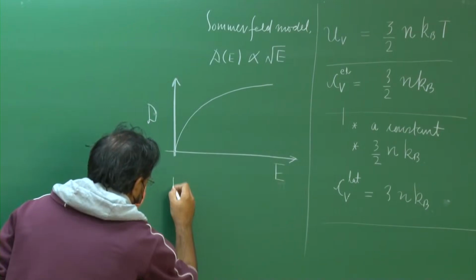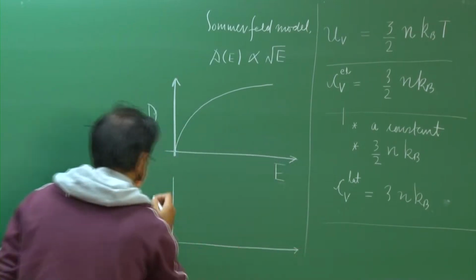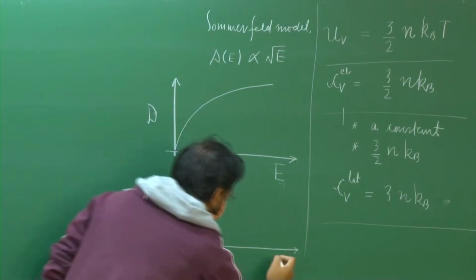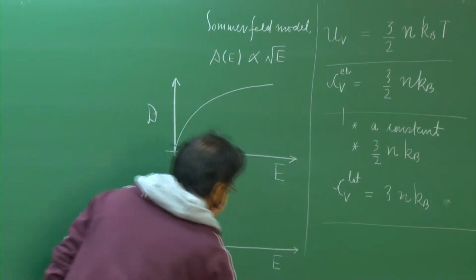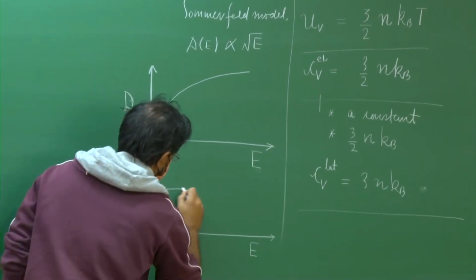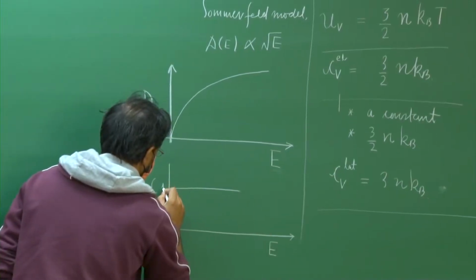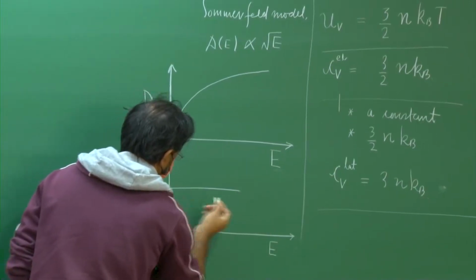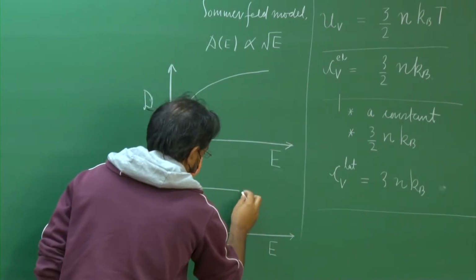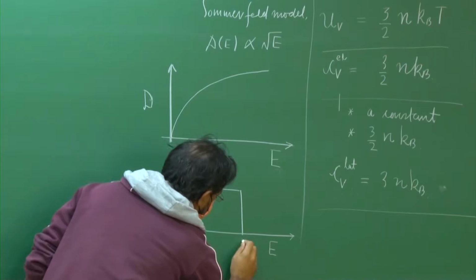Now, you also know your Fermi function, the distribution function, and how that varies with energy. The distribution function is 1 up to the chemical potential at 0 temperature, and for metals, for all practical temperatures, this is EF.